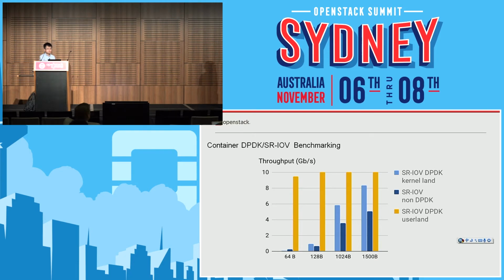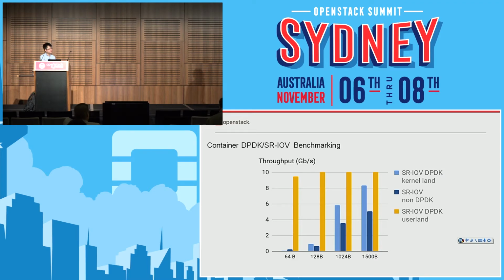We can see the best one is SR-IOV DPDK in the userland running in the container, reaching the line rate. Only the 64-byte packet is not line rate.